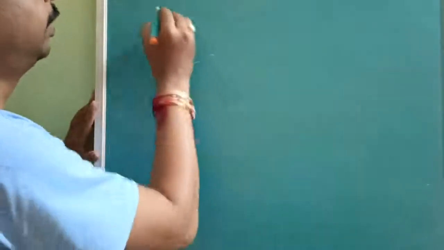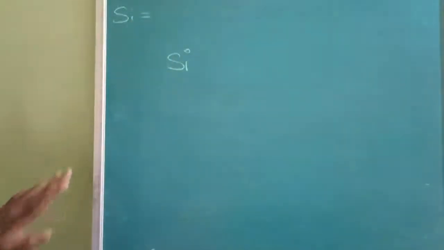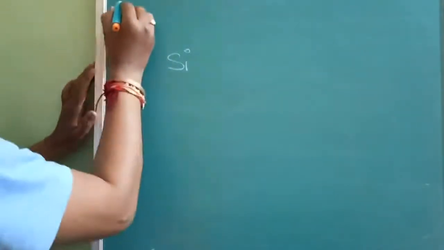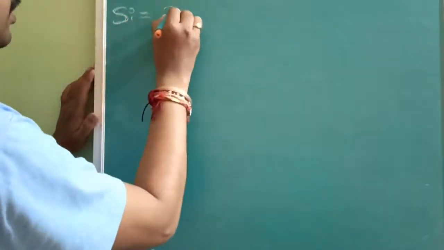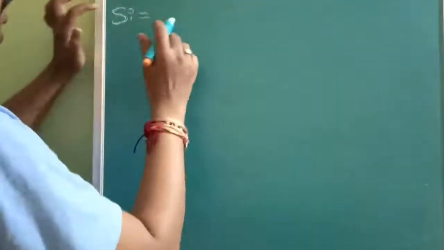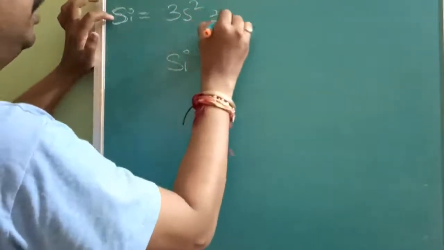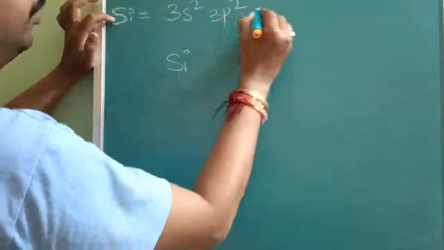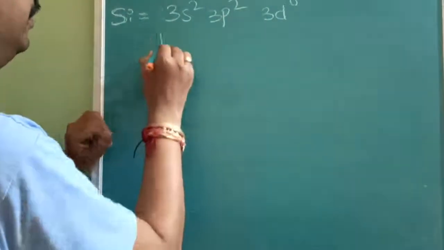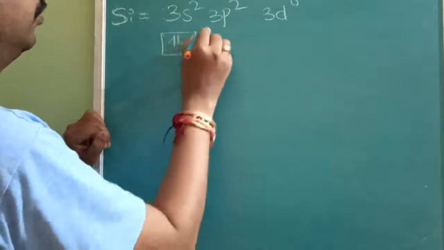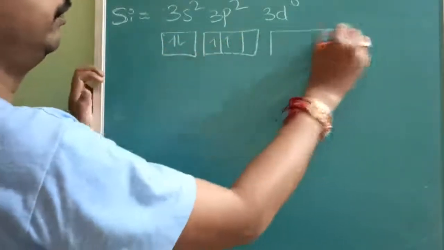Okay, in silicon, I will write it here. Is it visible? In silicon, the configuration will be 3s2 3p2, and 3d will be 0.